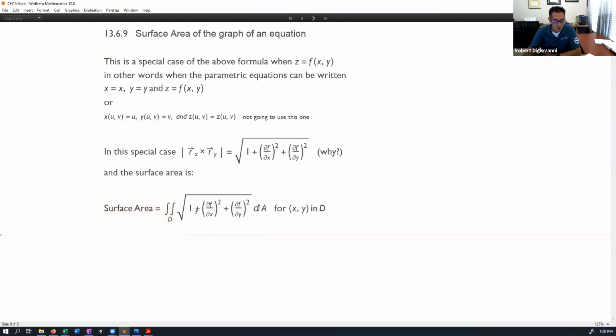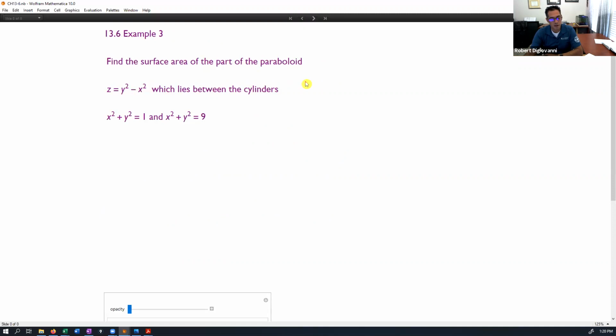You're just going to take the square root of 1 plus the partial of f with respect to x squared plus partial of f with respect to y squared dA, and then you'll have to work out the domain. You'll have to figure out how x and y fit into things here. Okay, so this is a nice shortcut way of getting surface areas, so long as the surface looks a certain way, like in this example.